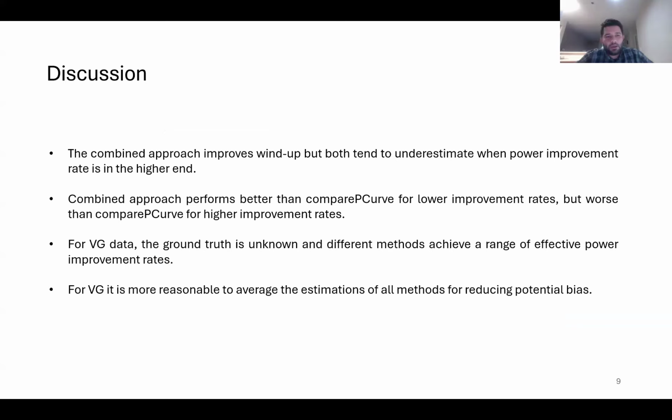To conclude, we introduced a combined approach using the windup for preparing data and using the compare p-curve for quantifying the difference between pre and post data sets. The combined approach is underestimating the power improvement rate for higher rates and constantly improves windup.